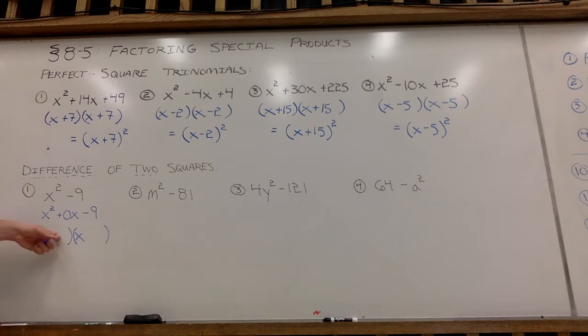You're thinking, well, how do you get two binomials to make a binomial? Well, what we're looking for, again, are two numbers that multiply to make negative 9 and then add to make 0. So if I go plus 3 and minus 3, 3 times negative 3 is negative 9, and 3 and negative 3 make 0. So this is my correct factorization.